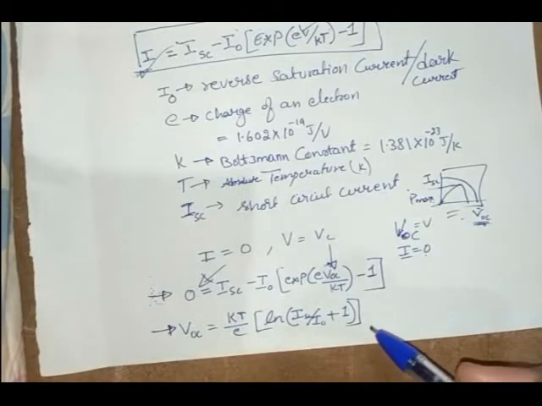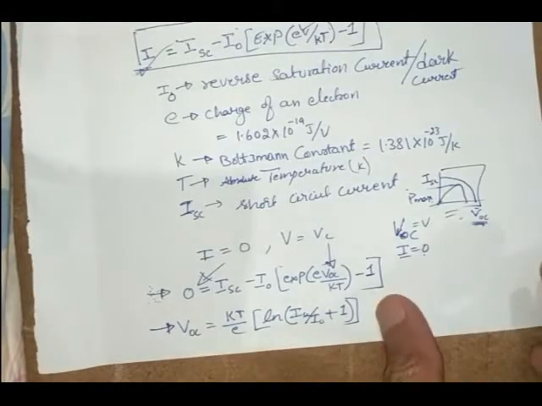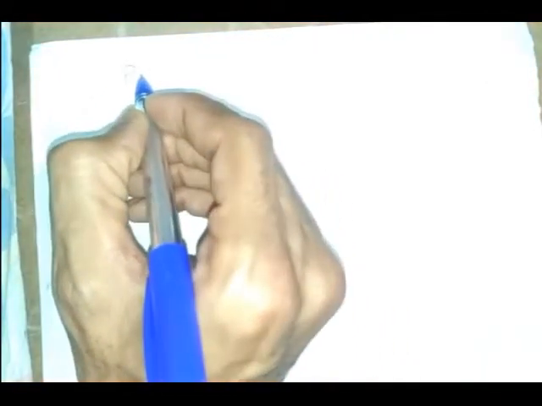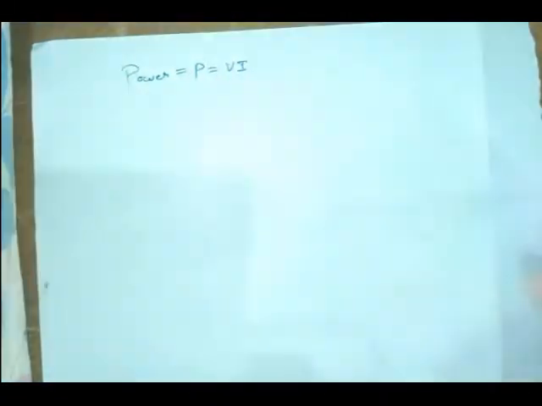Next, so now we know the equation for power, P is equal to voltage into current, VI.